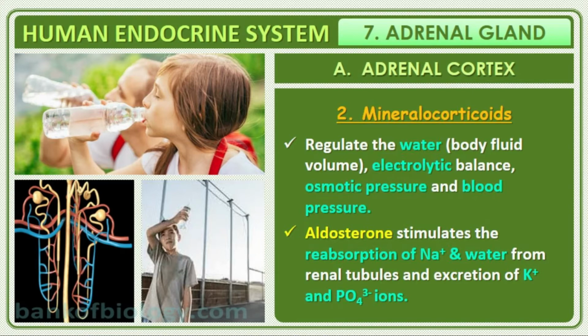Aldosterone stimulates the reabsorption of sodium and water from renal tubules and excretion of potassium and phosphate ions. Here, see, phosphate ions, PO4 ions in the renal tubules.